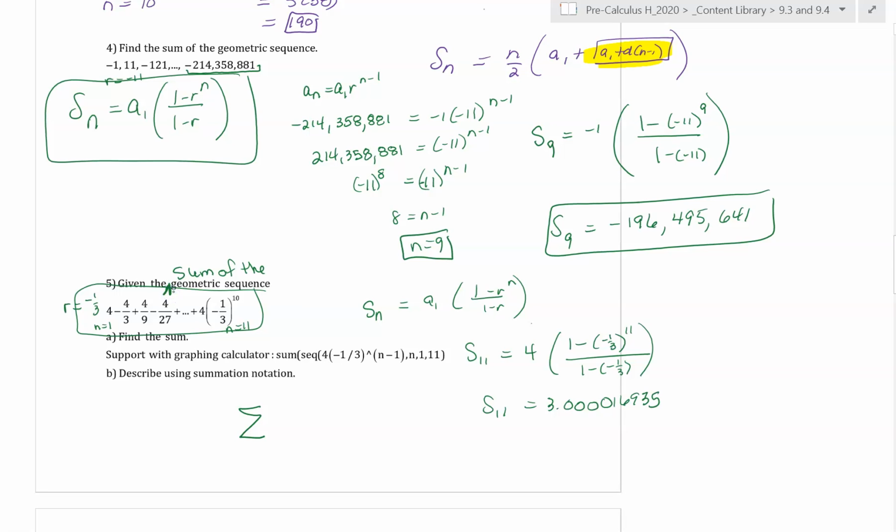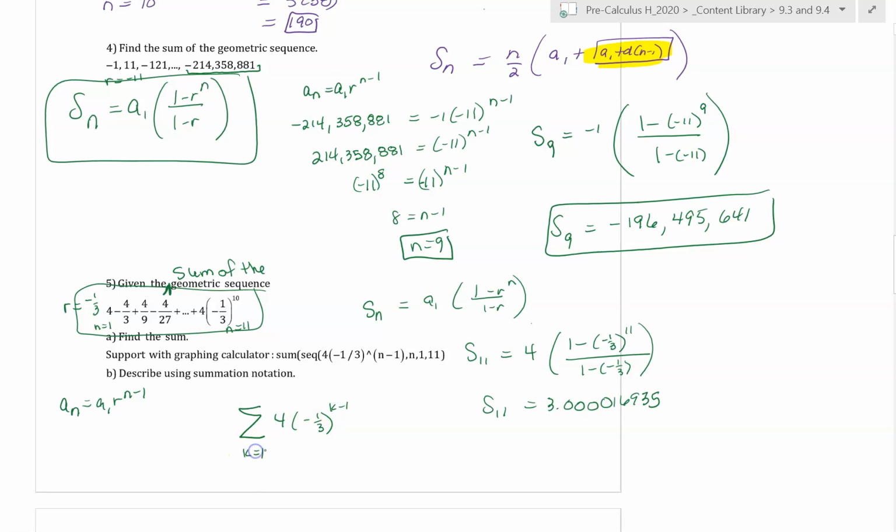Okay, so if I say describe using summation notation, you would say, well, I would like to find the sum of the sequence. So it might help to think of a geometric explicit formula. We know the first term, we know the common ratio.